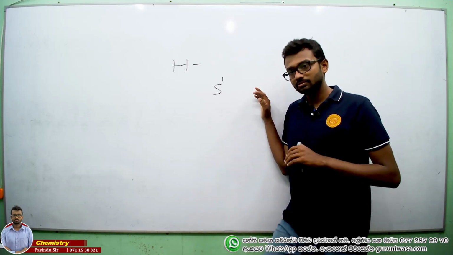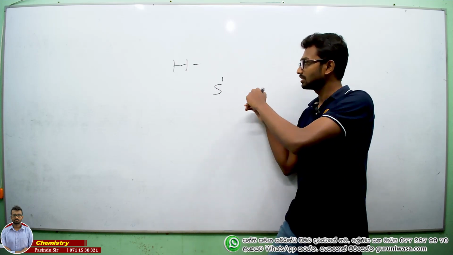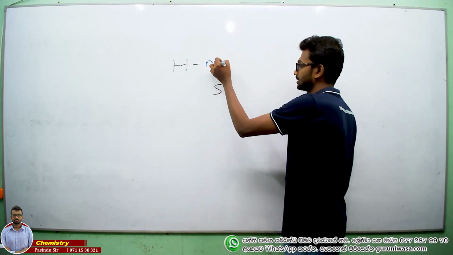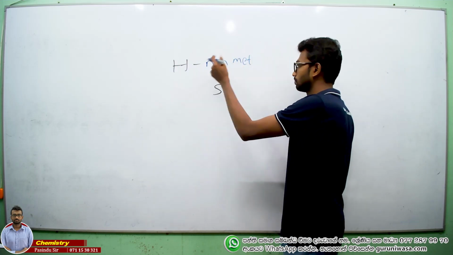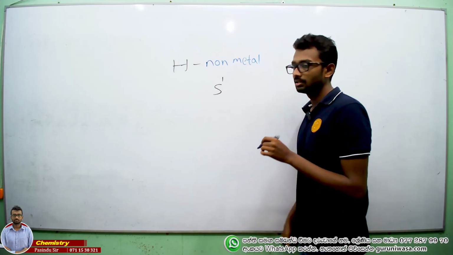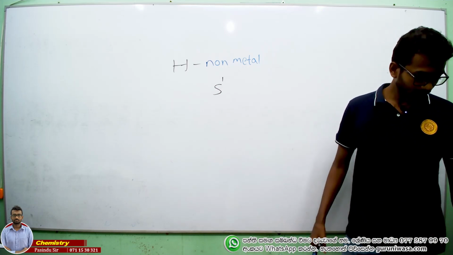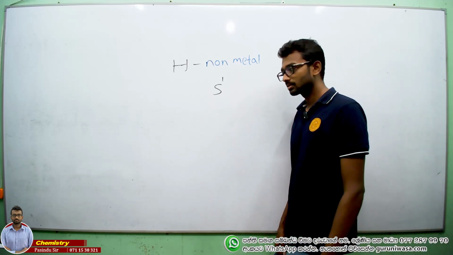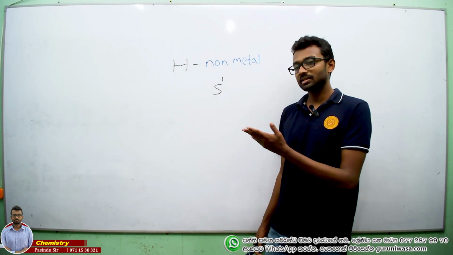Then when we think about the other elements, this one, as I said, is a gas, which means it's a non-metal. But remember, this one in the first group is a non-metal, and the others are metals.